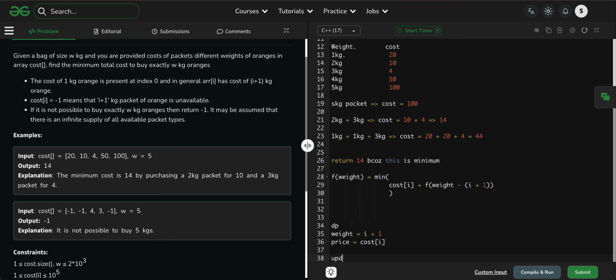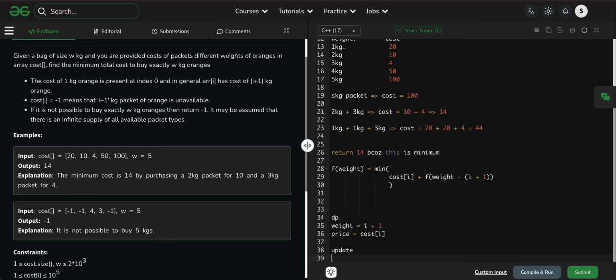Now here is the update: dp[j] is equal to min of dp[j] and dp[j minus weight] plus price, right? This is exactly unbounded knapsack, because a packet can be used infinitely many times, right?